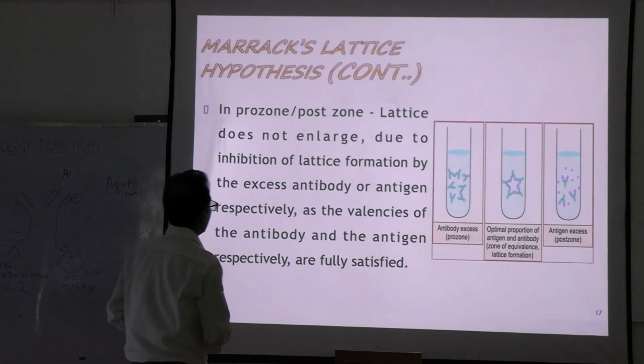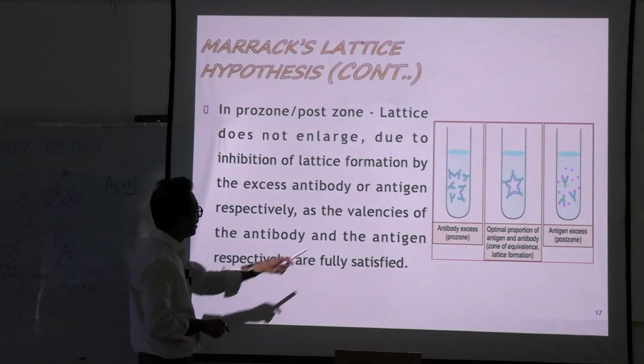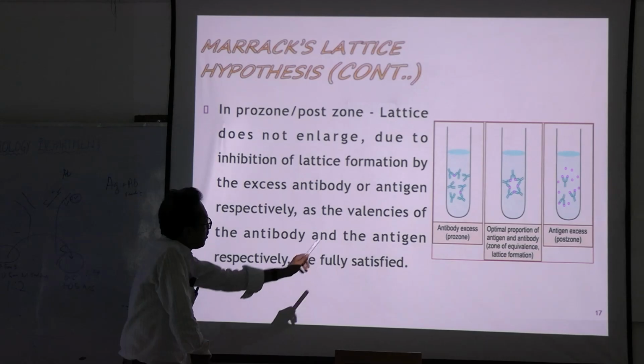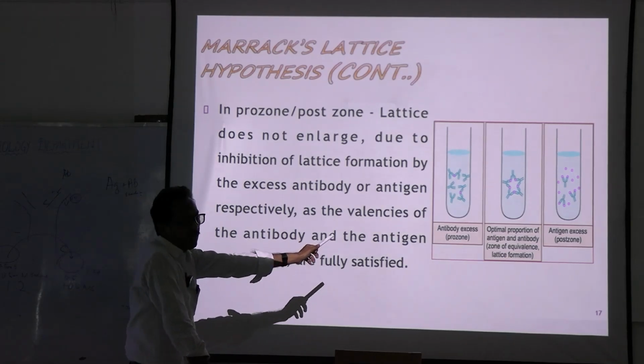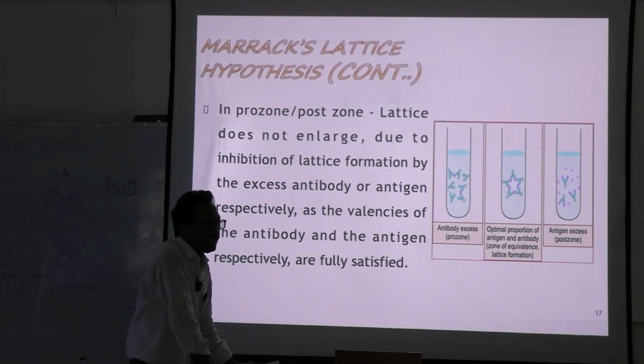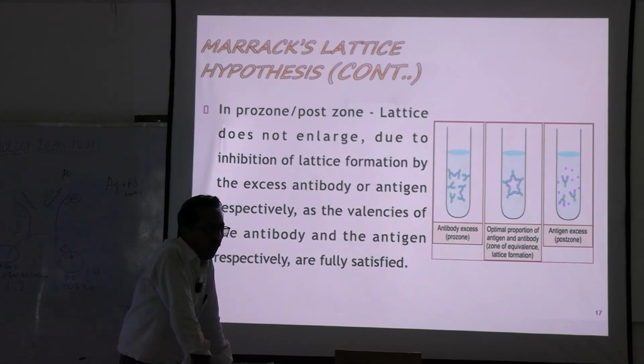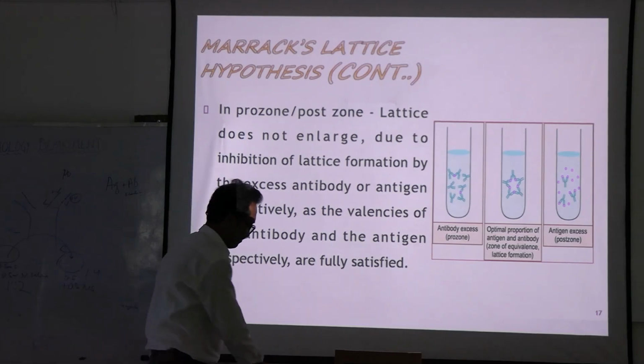In prozone phenomenon, antibody excess is there, then comes the optimal proportion of antibody, the zone of equivalence. When the zone of equivalence is there, there will be formation of lattice. That is Marrack's lattice hypothesis. The lattice will only form where equivalent amounts of antigen and antibody are there.